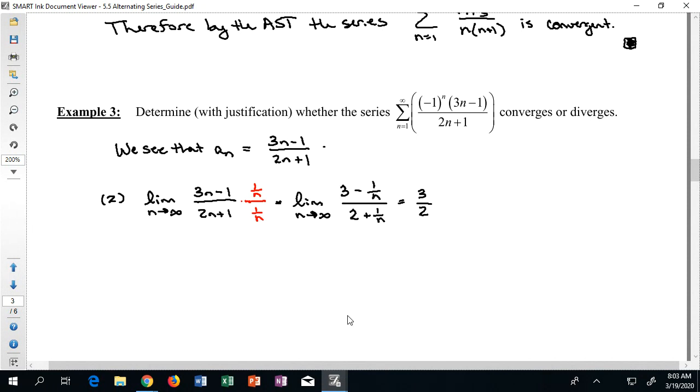Now, last I checked, that is not 0, so we got a problem here. Are we going to be able to meet the criteria necessary to use the alternating series test? No, it doesn't seem like we are, because we're supposed to get equal to 0.